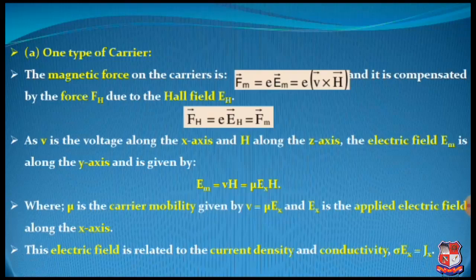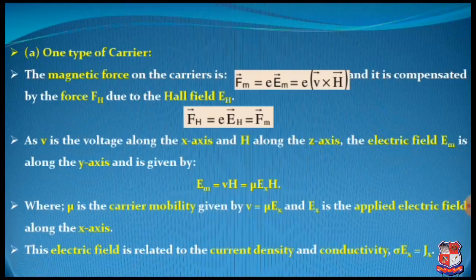This electric field is related to the current density and conductivity. This conductivity equation is well known, J is equal to sigma into E. Here we have considered the current density in x direction only, so the equation is written in the form of Jx is equal to sigma into Ex.